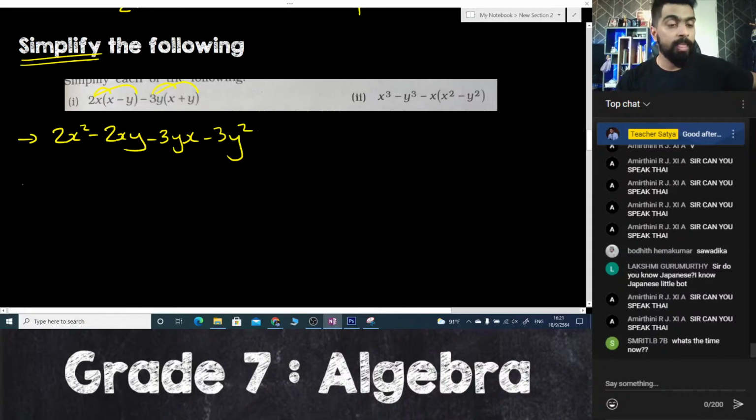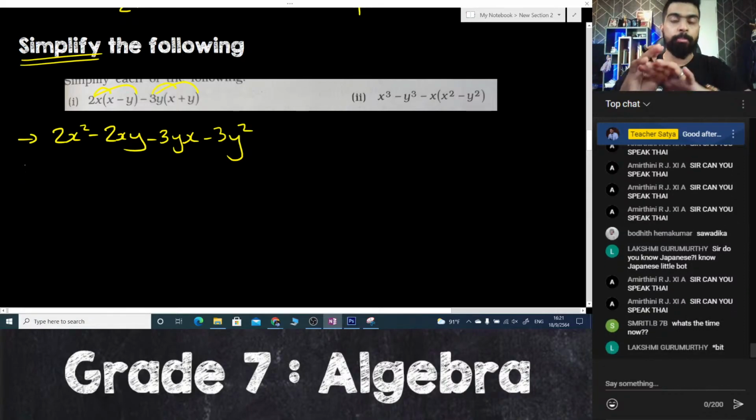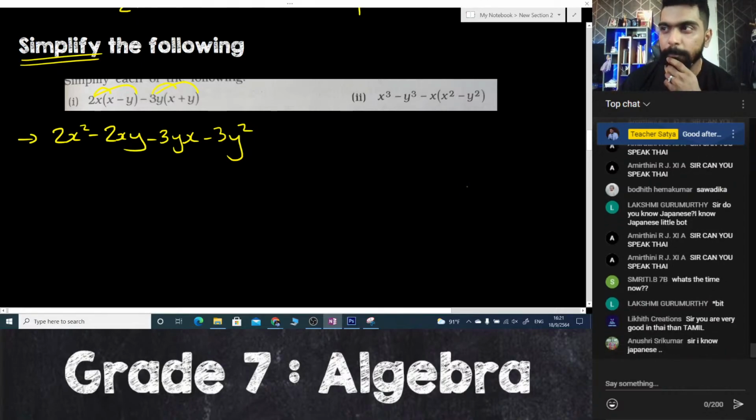All right, guys. Now, simplify means once we break the bracket, we will be adding the like terms. Let me know if there are any like terms here, and what the like terms are.